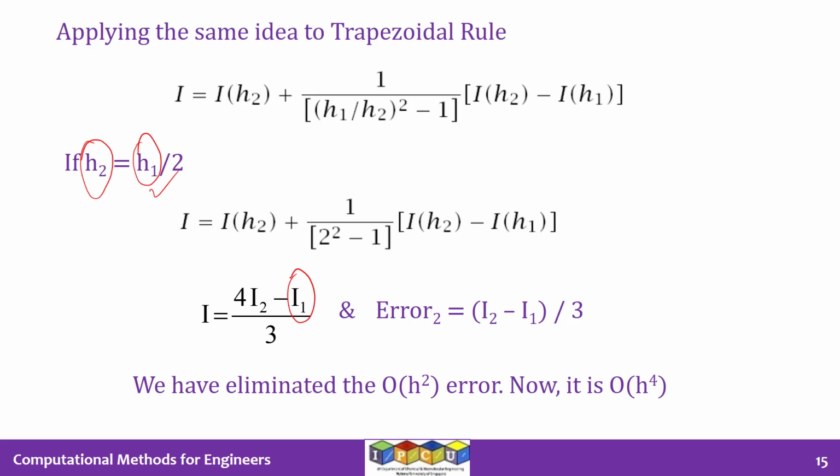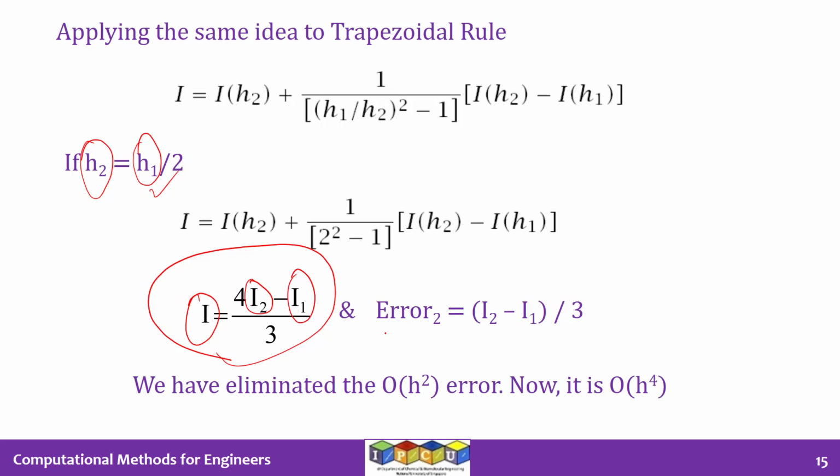If you evaluate the same integral with a finer grid size, that means with more data points, you are getting I2. Then using those two answers, you can get an improved answer I using exactly the same logic like we did for Simpson's rule. We will get this particular expression. A better estimate of the integral will be 4I2 minus I1 divided by 3.